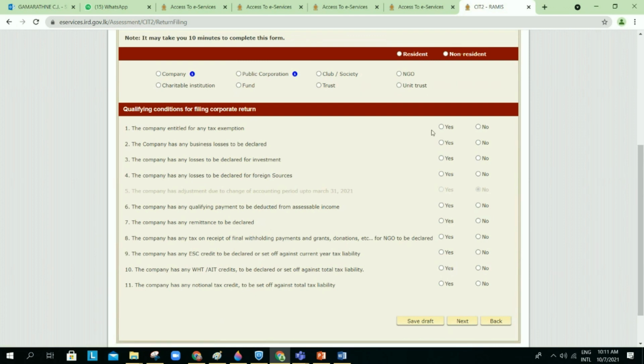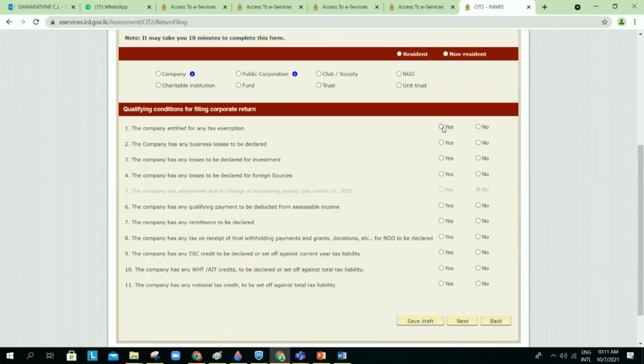Select the qualifying condition, and you can select the required schedules. As an example, if the company is entitled to any tax exemption, then you have to submit Schedule 1, the exempt schedule. If you have exempt income, you can mark yes. Then that relevant schedule will be displayed.